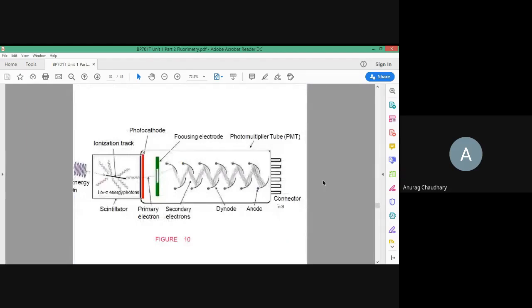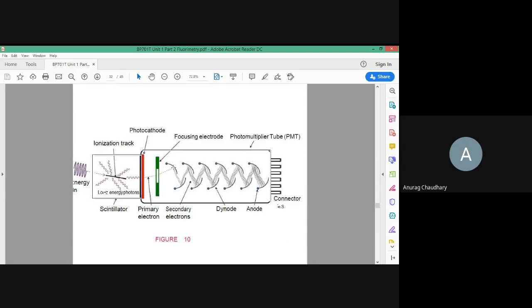This is a typical diagram of a photomultiplier tube. Now, incident radiation collides with this photocathode, it results in emission of electrons, and these electrons are directed to these dynodes through this focusing electrode. Now this is the first dynode.